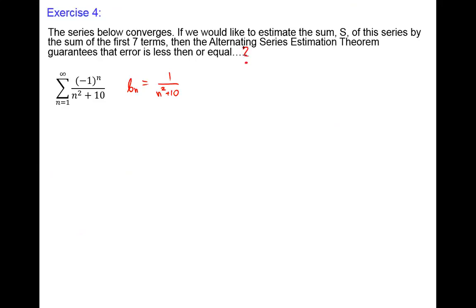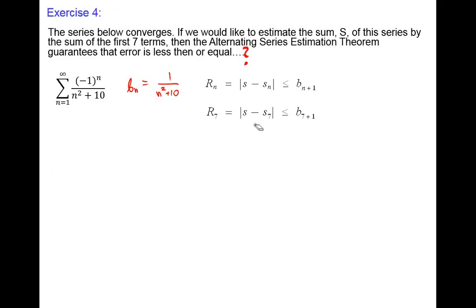That's the property, that's the theorem. What we're doing is trying to estimate the error, adding 7 terms only. That means adding 7 terms, having a partial sum s sub 7, we will of course subtract it from the entire sum, and this will be the error.